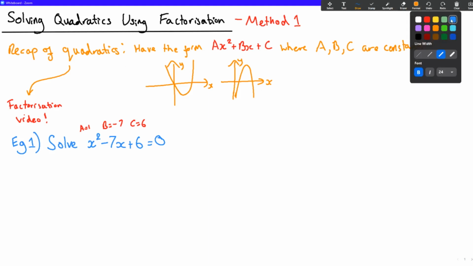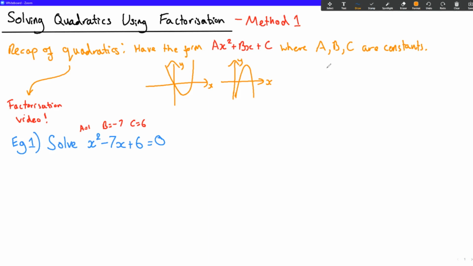Okay, but anyways, we are going to use factorization to now solve quadratics. So in the factorization video, if you remember, we learnt how to put this form, so using factorization, we put it in a form like this, x minus a, x minus b, for example.